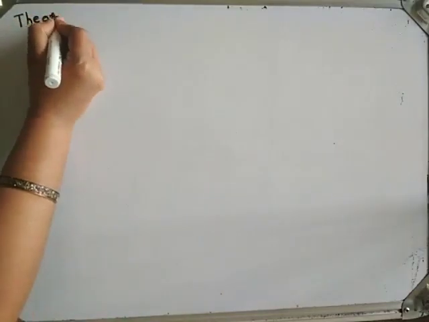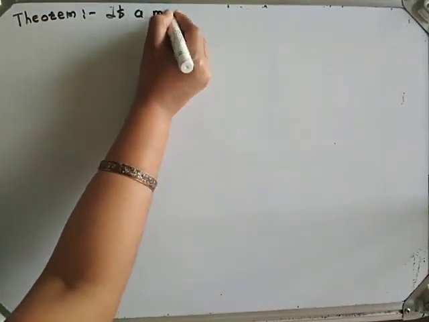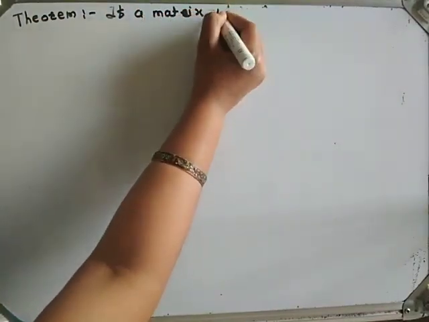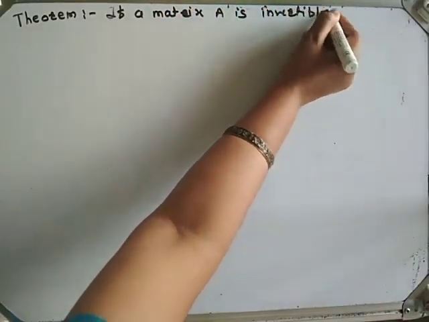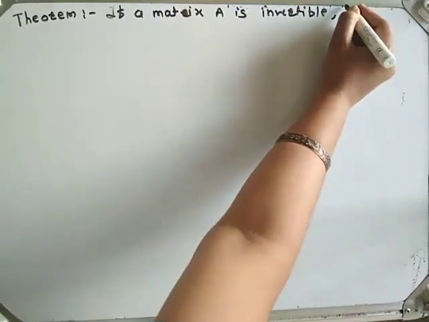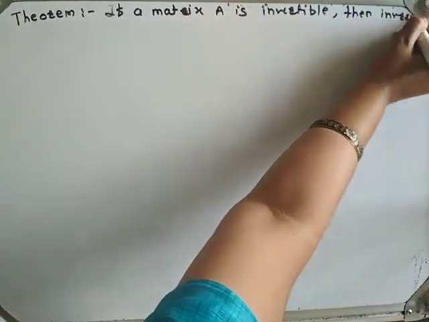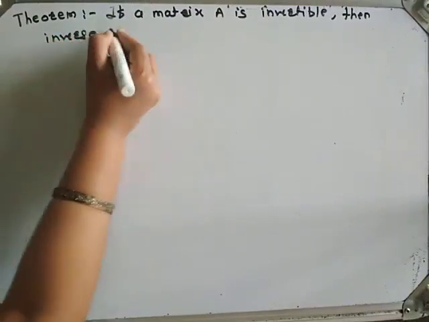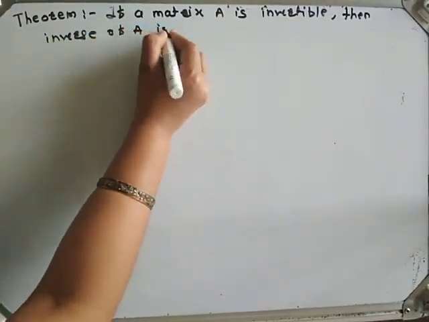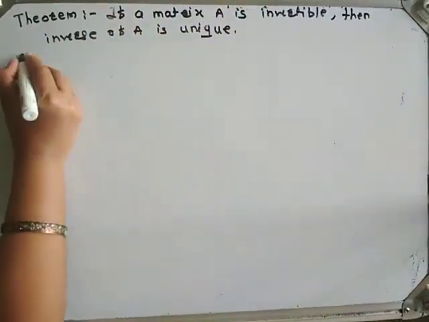Let us take a theorem. If a matrix A is invertible, then the inverse of A is unique.